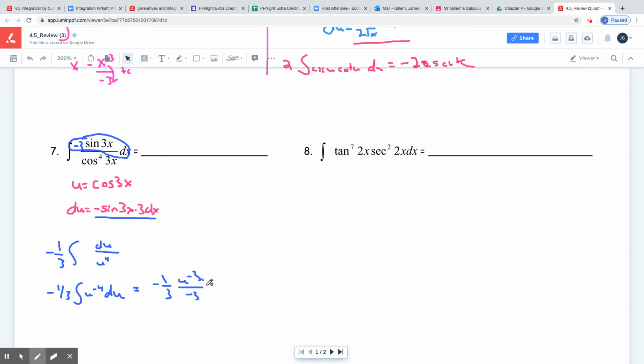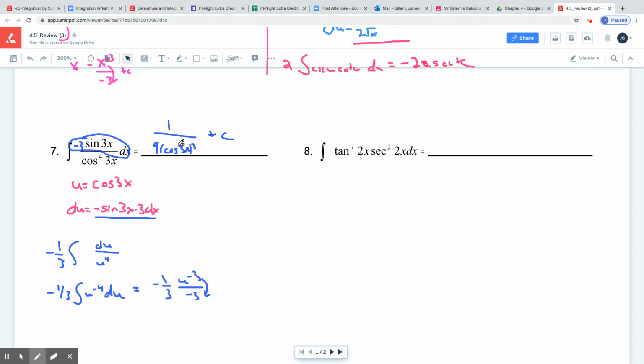And we're going to move this to the bottom. So it's going to be 1 over, 3 times 3 is 9, and then it's u to the 3rd. So it's cosine 3x to the 3rd power plus c.